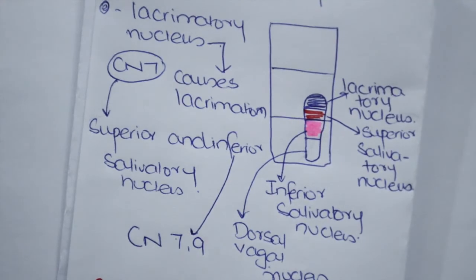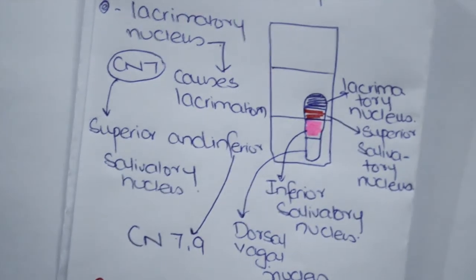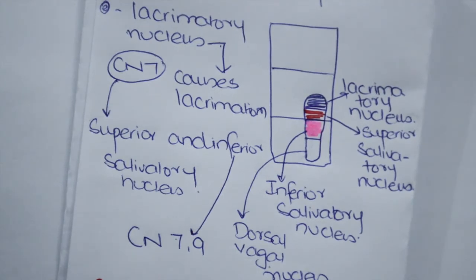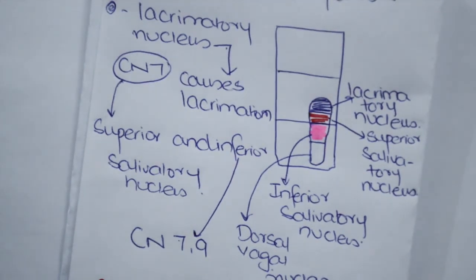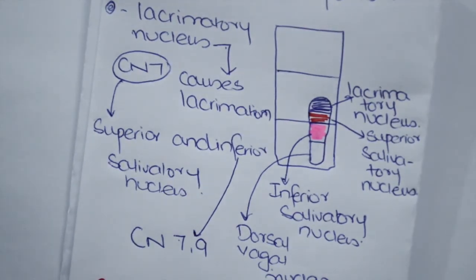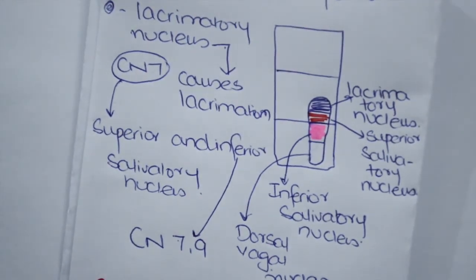It has 4 parts. The blue part at the top in the pons is the lacrimatory nucleus. It is the nucleus that causes lacrimation, and this is part of the 7th cranial nerve. The other part of the 7th cranial nerve is the superior salivatory nucleus, which will obviously cause salivation.